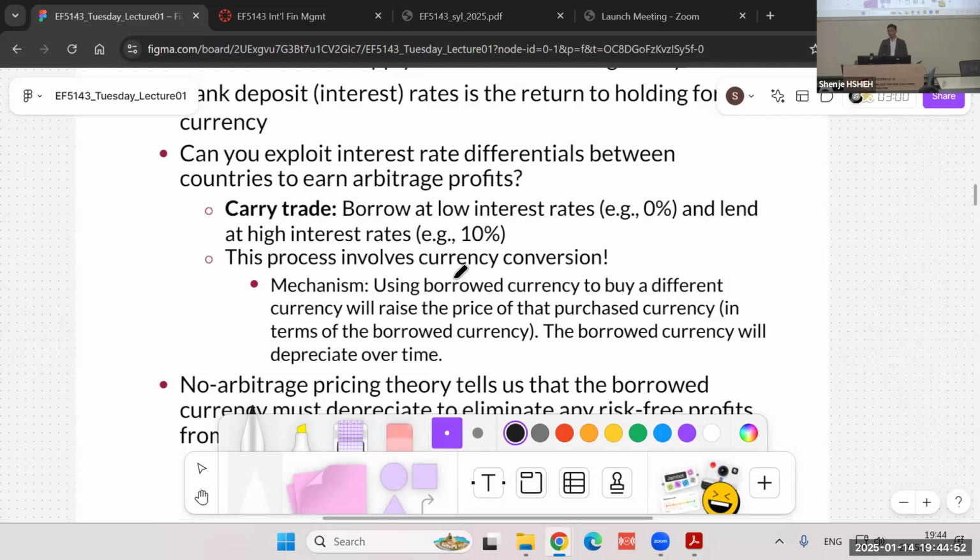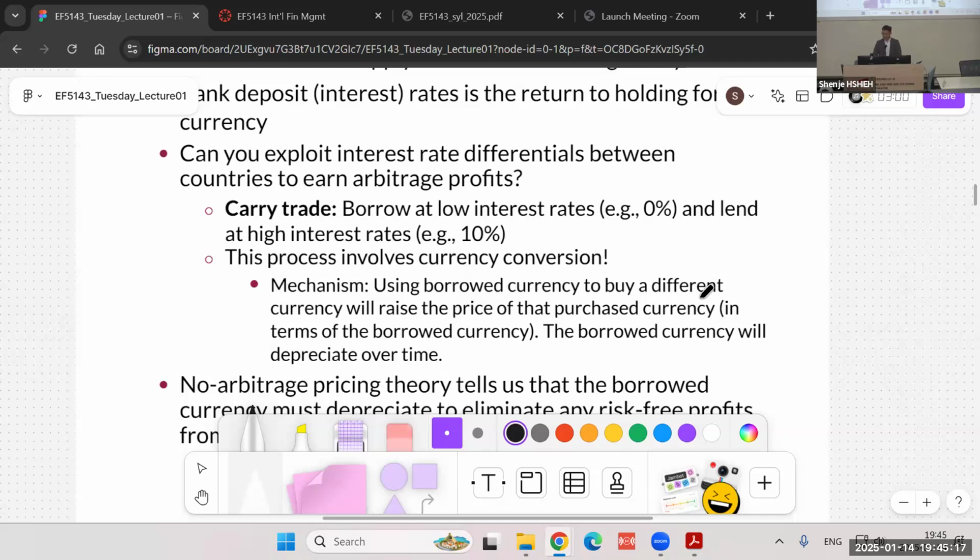After a certain amount of time where I get that 10%, let's say 1 year, I have to convert my currency back, right? I have to sell my Swiss francs back to dollars to service my loan, correct? But the fact that I'm doing all this currency conversion is going to eliminate any sort of arbitrage that I'm trying to take advantage of, right?